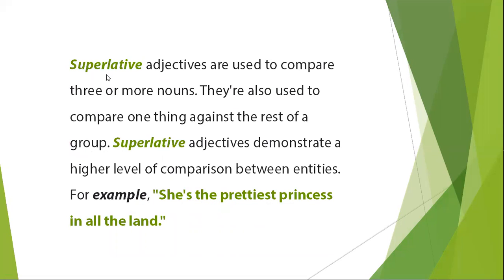Then superlative adjectives. What is meant by superlative adjectives? Superlative adjectives are used to compare three or more nouns. They are also used to compare one thing against the rest of a group.